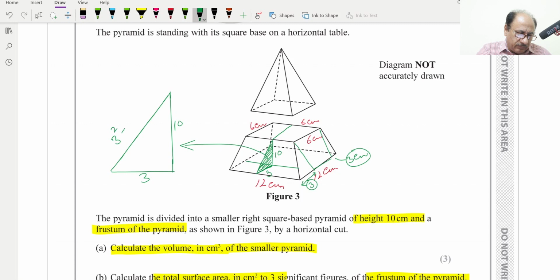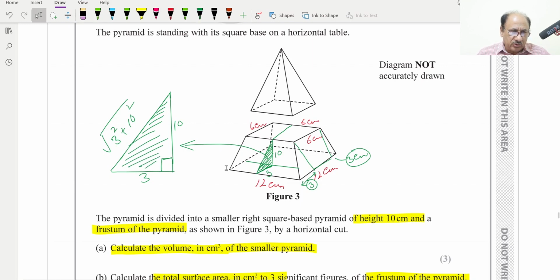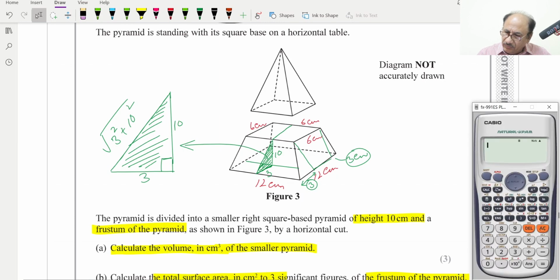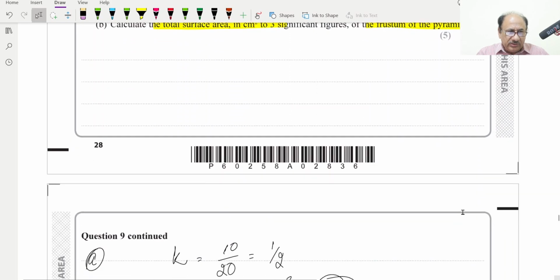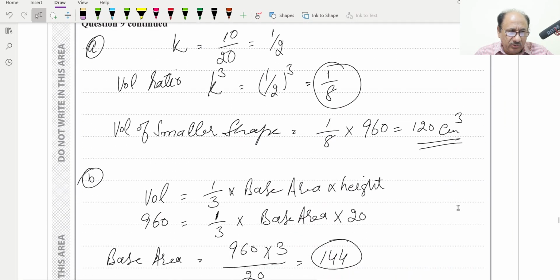This will be the square root of 3 squared plus 10 squared by Pythagoras theorem, as this is a right angle triangle. This is equal to the square root of 109, so we can write here 109 under root, and we can utilize this.